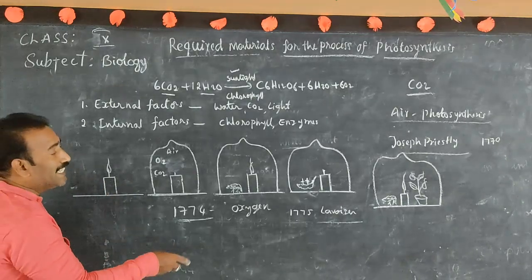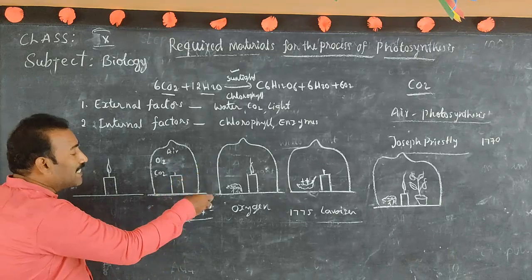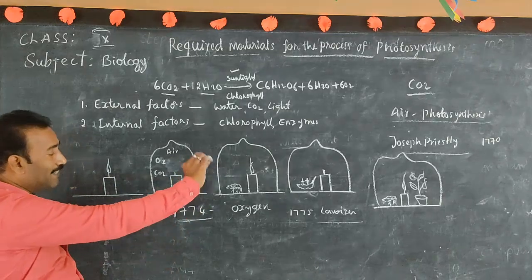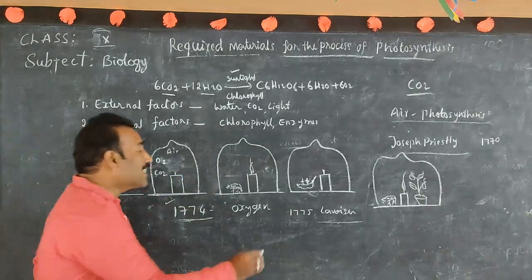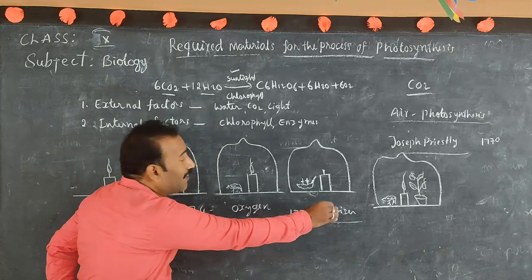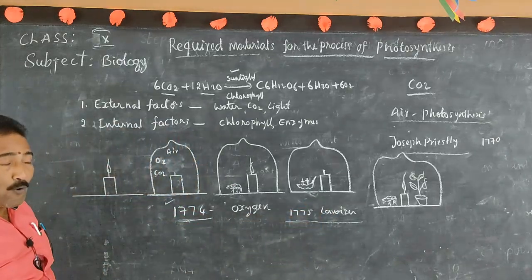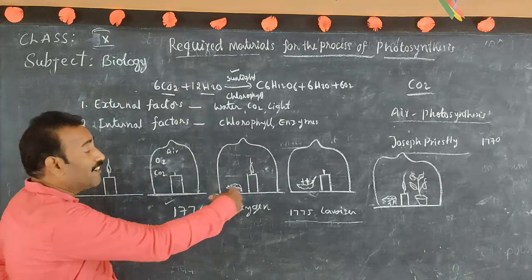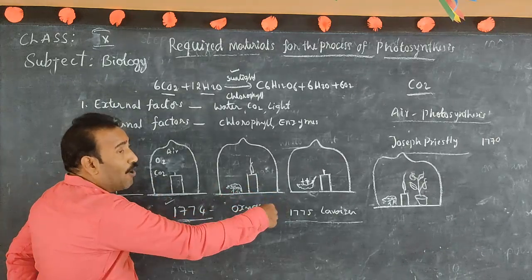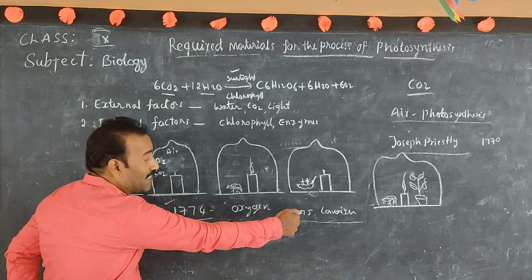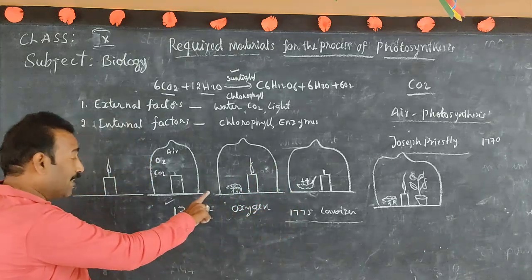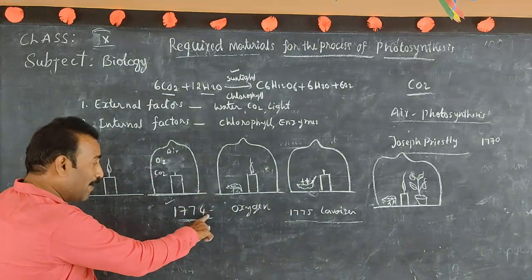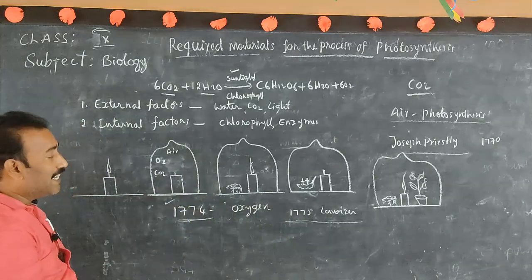So oxygen was discovered by Priestley in the year 1774, and oxygen was named by Lavoisier. So who named the oxygen? Lavoisier. Who studied the properties of oxygen? Lavoisier. But oxygen was discovered by Joseph Priestley in the year 1774.